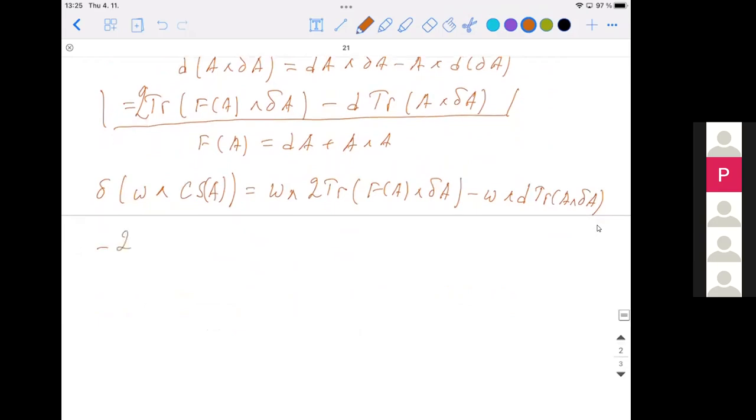The first term is just as it is, omega F_A wedged delta A, and then we need to write down the total derivative on this part.